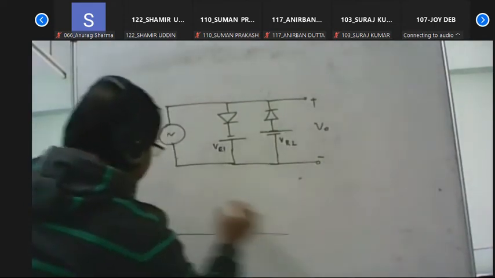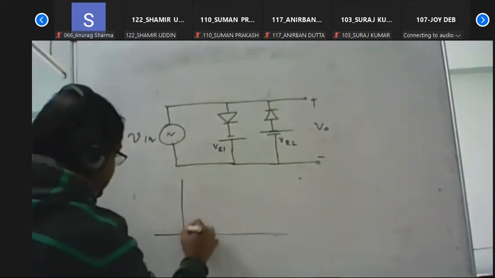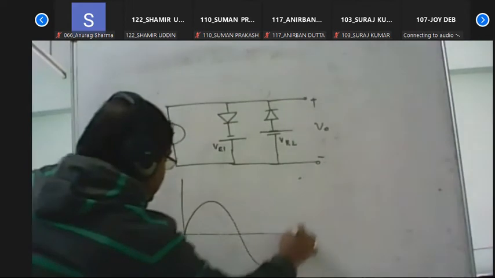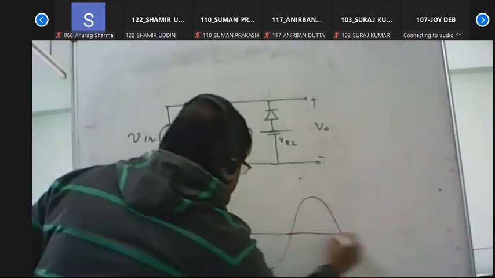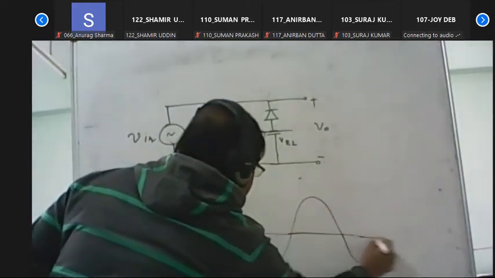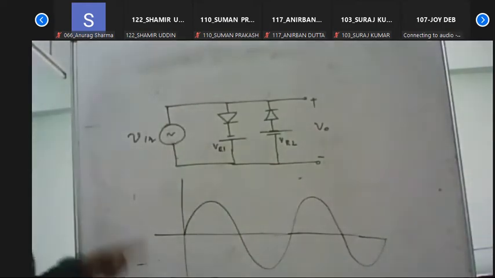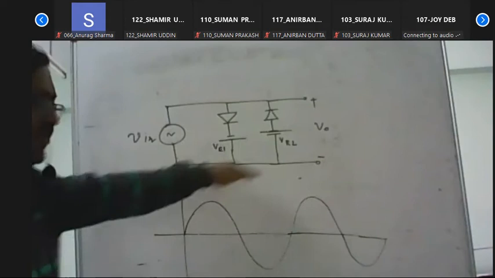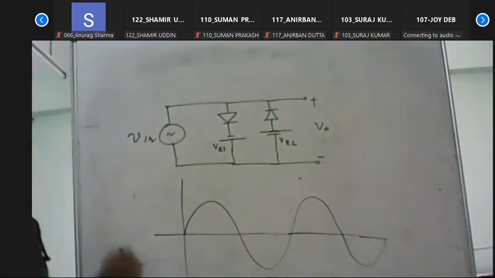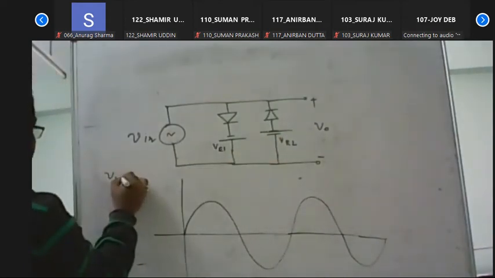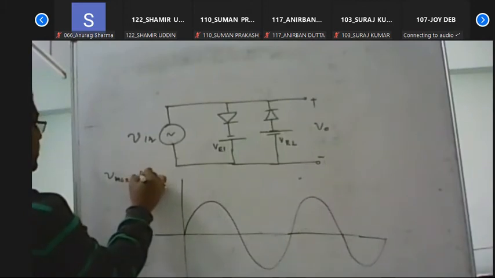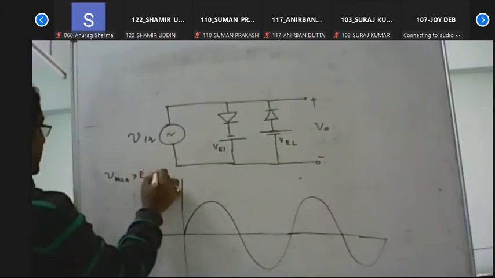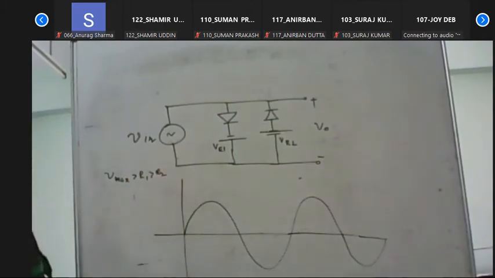So at first we draw the AC input signal, and obviously we consider the reference voltages to be less than the peak value of the input signal. Consider V max greater than VR1 and VR2.